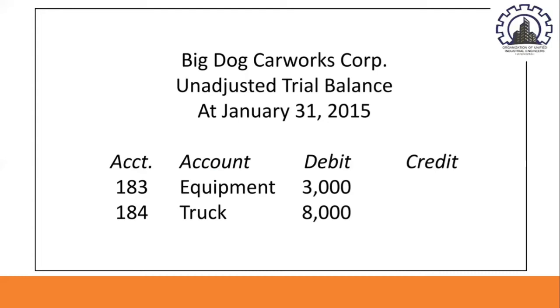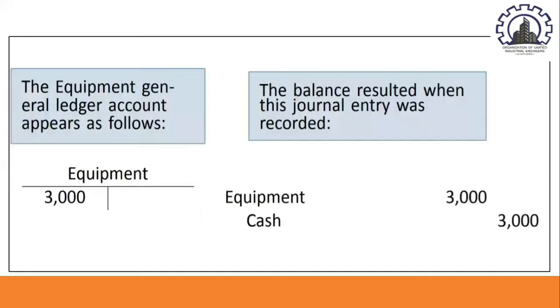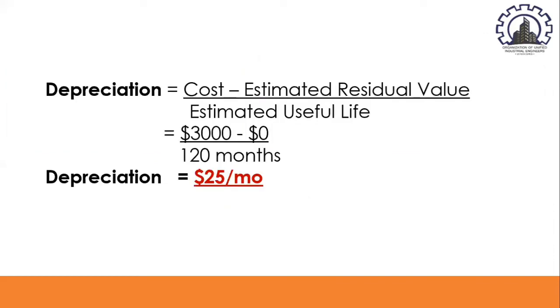And the equipment is estimated to be worth $0 at the end of its useful life, that is, residual value equals $0. Applying our formula for depreciation: depreciation equals cost minus estimated residual value, divided by estimated useful life.